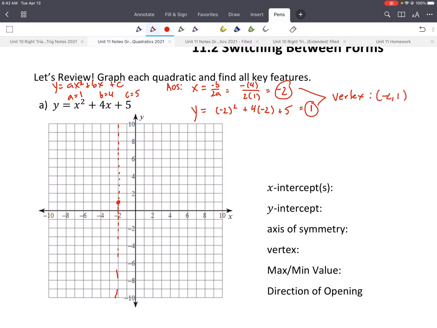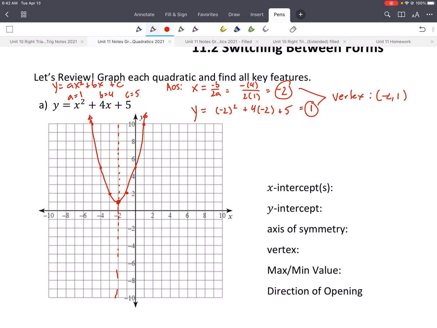So here is our vertex. And then from there, we just use our growth pattern. Since A is 1, the parabola is going to open up. We're going to go up, and we'll go over 1, up 1, over 1, up 3, over 1, up 5. Connect the dots. Put arrows on the end, and you're set to go.